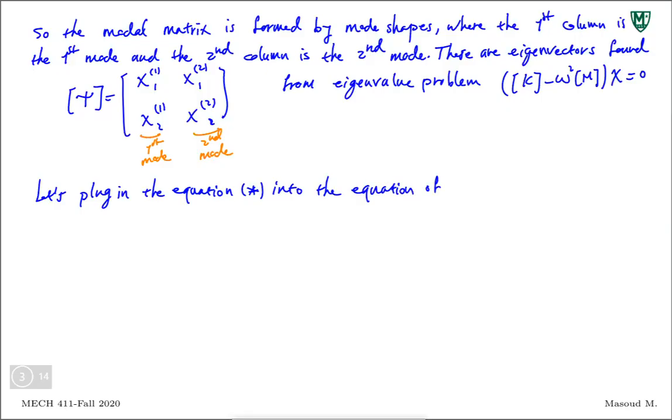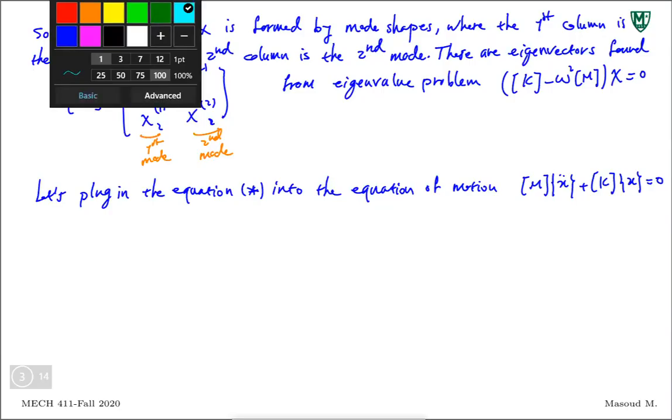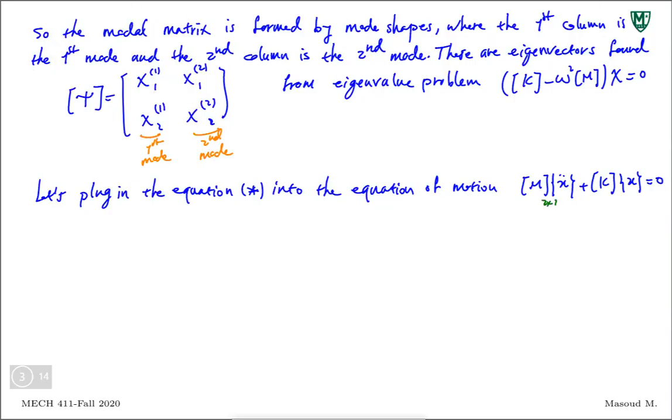Equation of motion, and remember the equation of motion for a system with 2 degrees of freedom was m x double dot, I'll just keep it as x, just remember it's x of t, a function of time, plus k x is equal to 0, right? That was the equation for a system with 2 degrees of freedom.